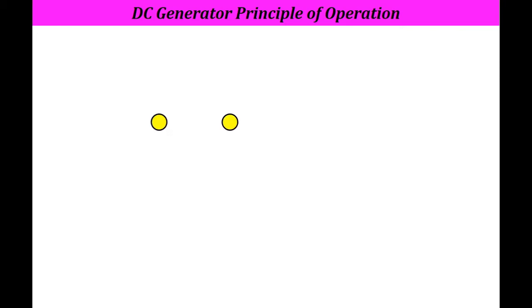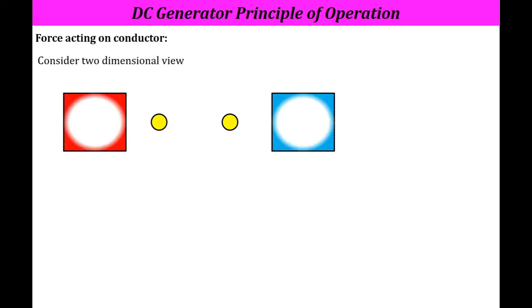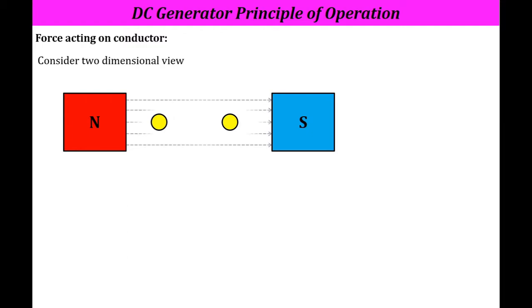What is the operating principle of a DC generator? Let's consider a two-dimensional view here. The first is a north pole, the second is a south pole. We know that magnetic lines of force travel from north pole to south pole, so this is the direction of the magnetic lines of force. These are two conductors, a pair of conductors placed in this magnetic field.